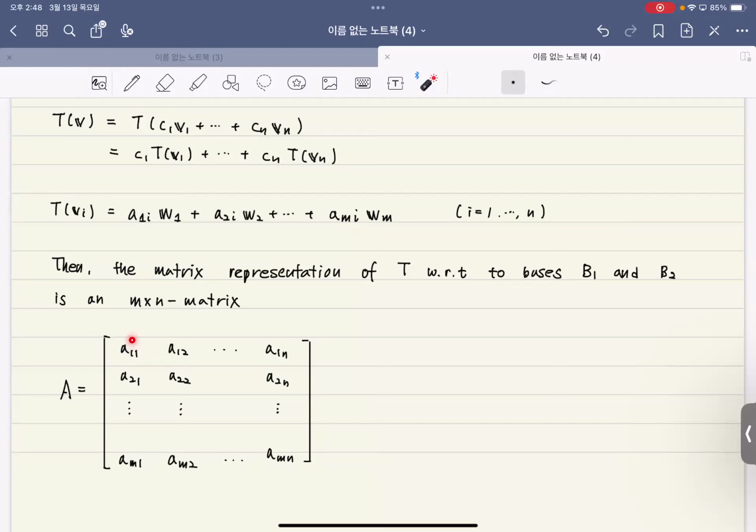Precisely speaking, every column of this matrix is nothing but the array of these numbers. Okay. So the columns correspond to T v1, T v2, up to T vn.